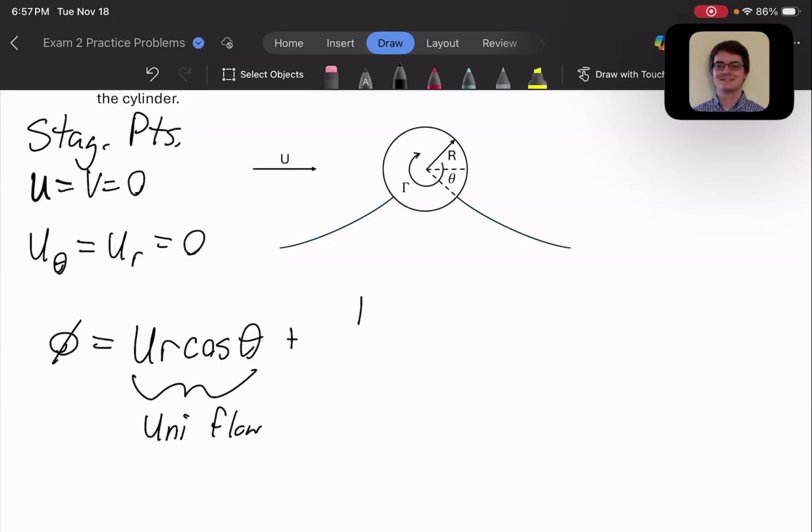I'll write it down and then I'll make my announcement here. I think the PowerPoint I posted is finally free of bugs after finding like 2 more. So it's gamma over 2 pi times theta.